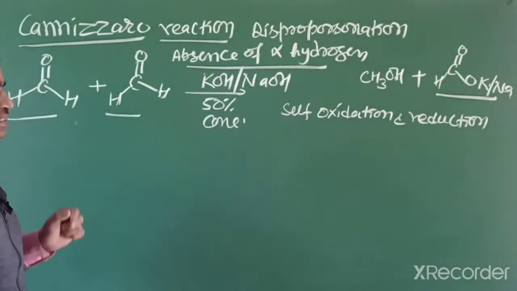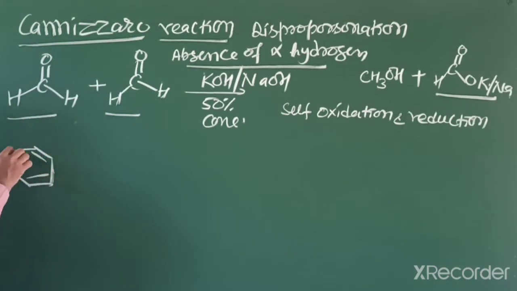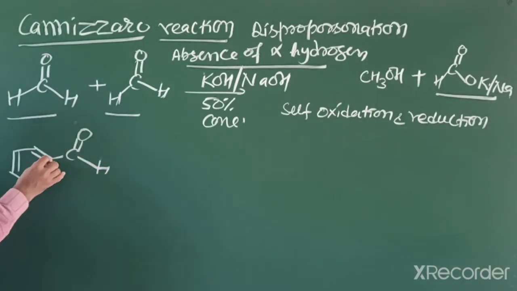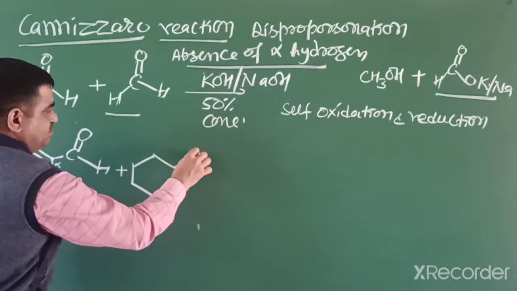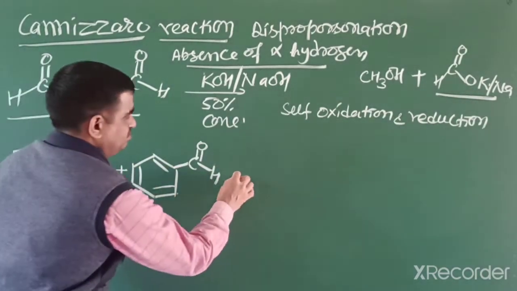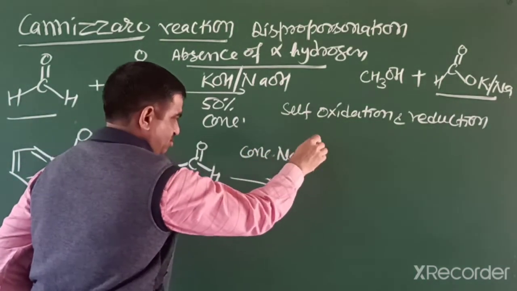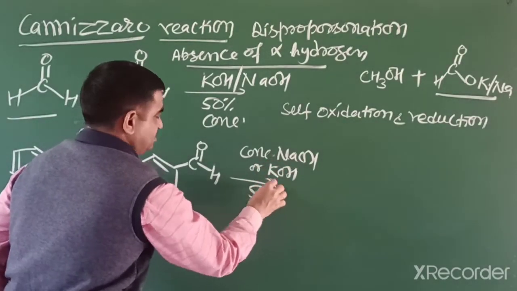We can explain this reaction. Another example, benzaldehyde. Benzaldehyde also has no alpha hydrogen, because the next carbon is the alpha carbon and this carbon has an absence of alpha hydrogen. So 2 moles of benzaldehyde react in the presence of concentrated sodium hydroxide or potassium hydroxide, generally 50% concentration.